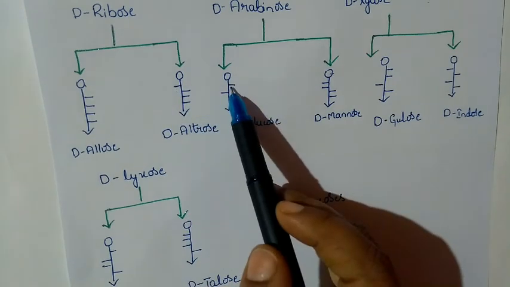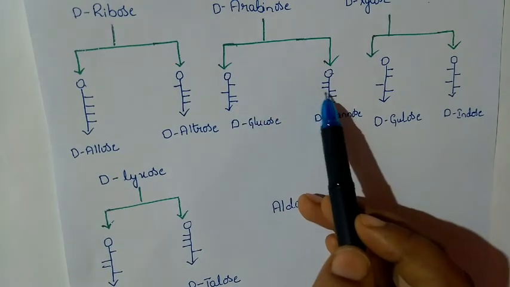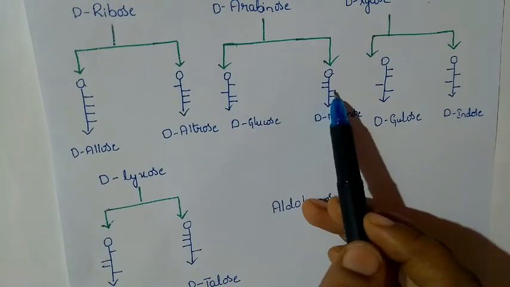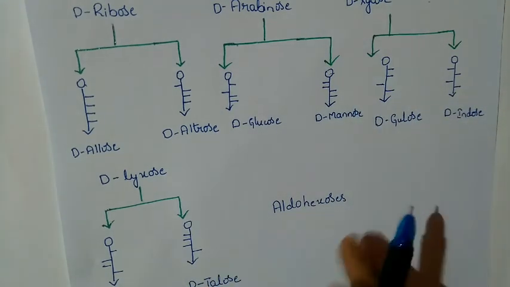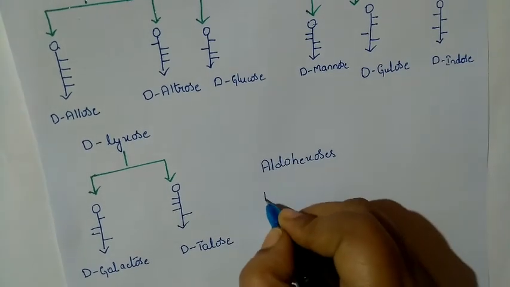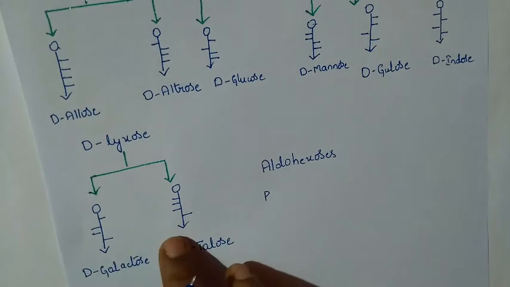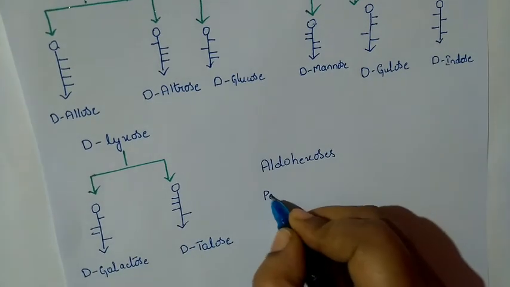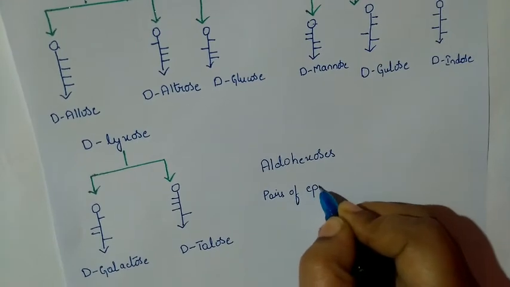Here the second carbon is towards the right side, here it is left side. The remaining all carbons remain the same. So all the pairs we have grouped here are pairs of epimers at C2.